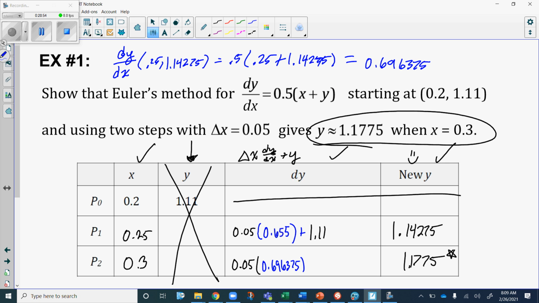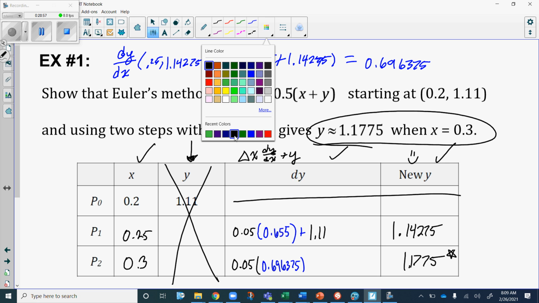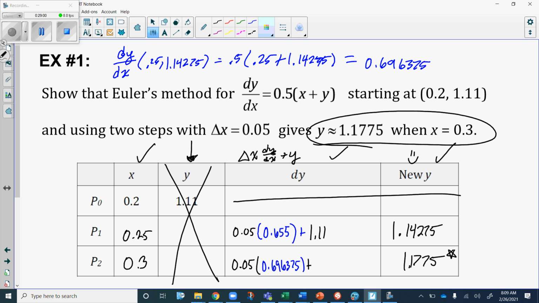And when I add the previous y number to that, which in this case is 1.14275, we should be getting 1.1775. Now the calculator is actually giving me a value of 1.17756875, but you can see when we're truncating it, we are getting the number that the problem said we should get if we did our Euler's method correctly.